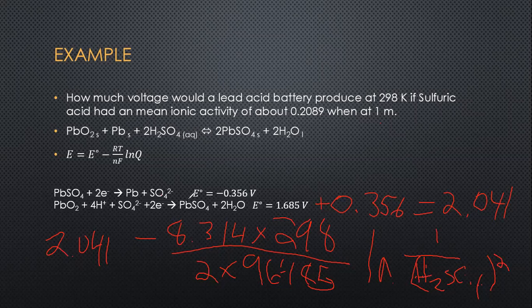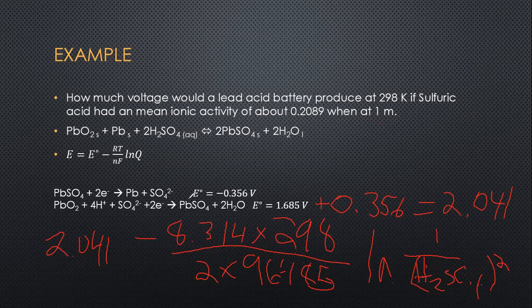Now I'm saying the whole ionic activity of the whole thing together. So 1 as the products, it's products over reactants. We don't include pure liquids, don't include pure solids. So 1 over 0.2089 squared is equal to 22.915.